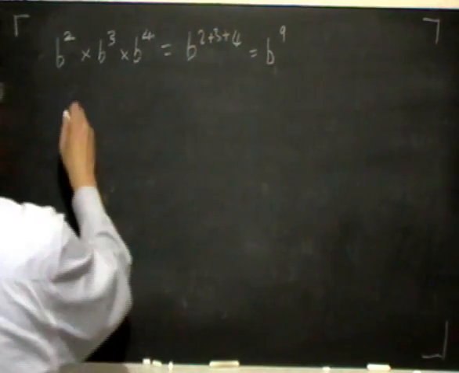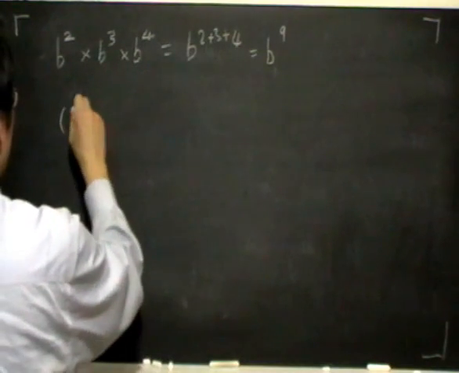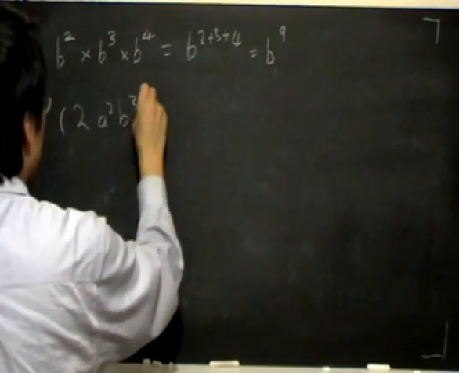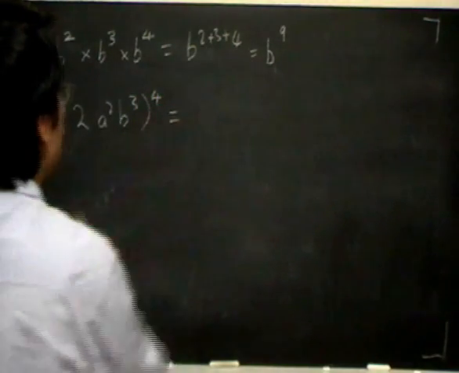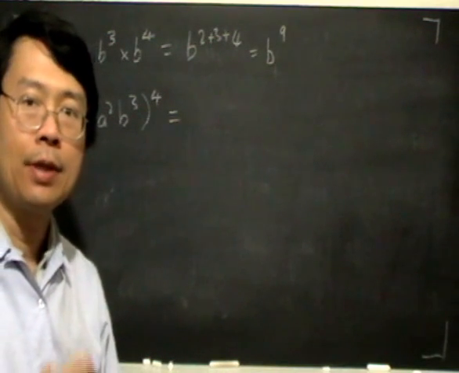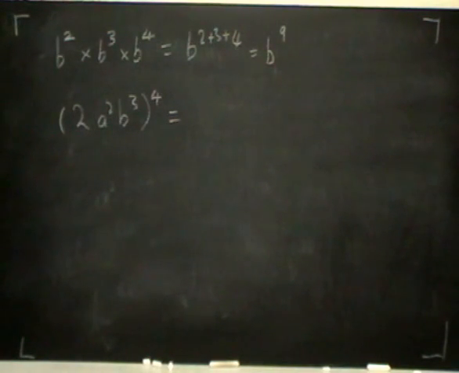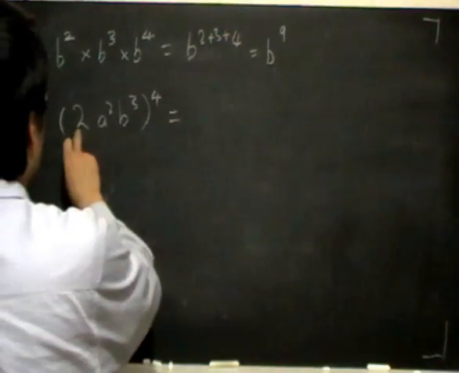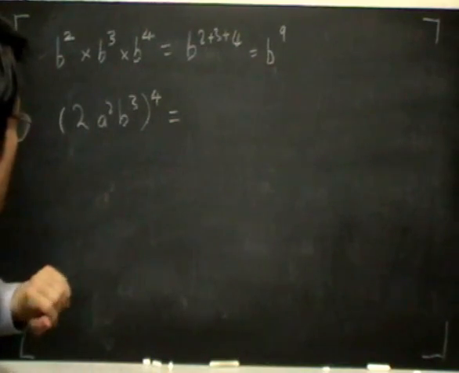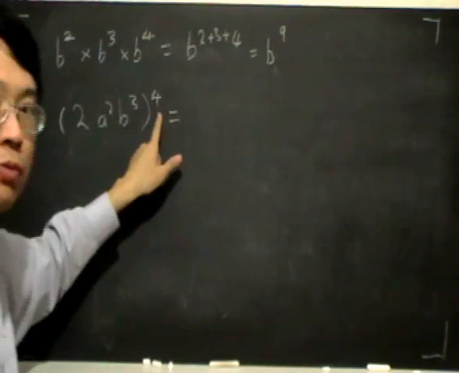Alright, let's try another one. Suppose we have 2a squared b cubed, all to the power of 4. How do we simplify this? Right? So we have 3 factors in here, and the product of this is raised to the power of 4.